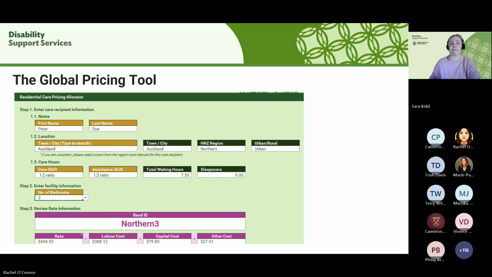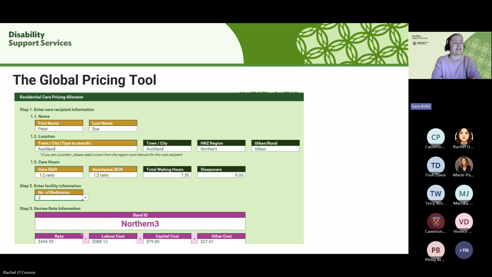Thanks, Rachel. So as mentioned earlier, once the support requirements for a person have been summarised by the band allocation tool, this information will be entered into the front end of the global pricing tool by the NASC or EGL site. And this helps them to assign the funding of the closest match within the pricing model for this person.